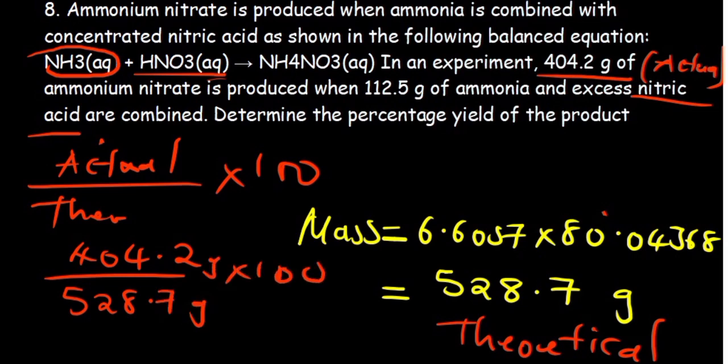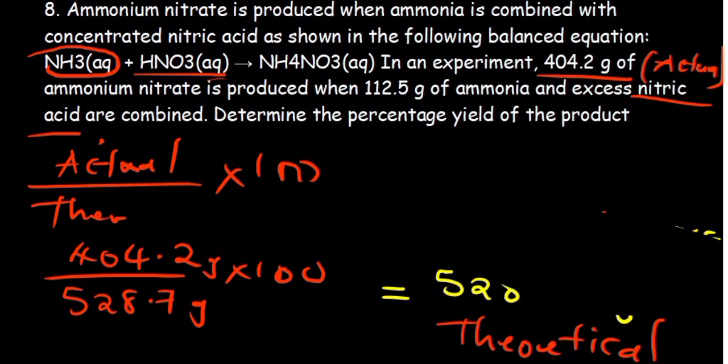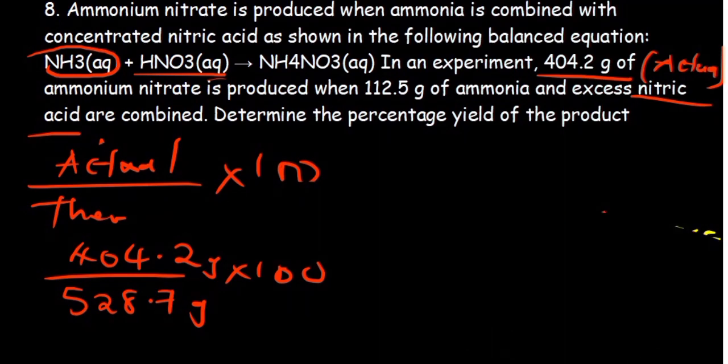So 404.2 divided by 528.7 multiplied by 100. The percentage yield, what I'm basically getting, is a value of 76.45%.